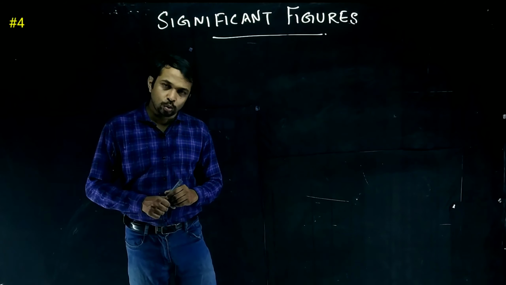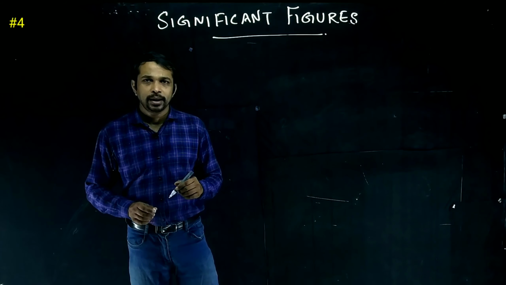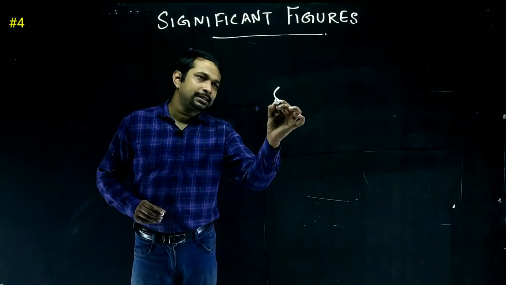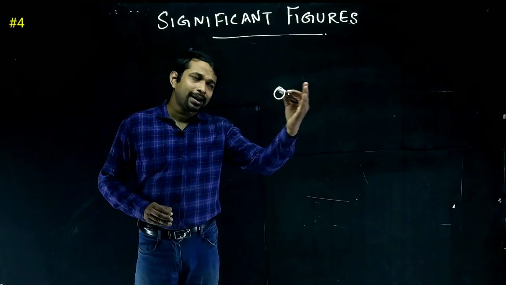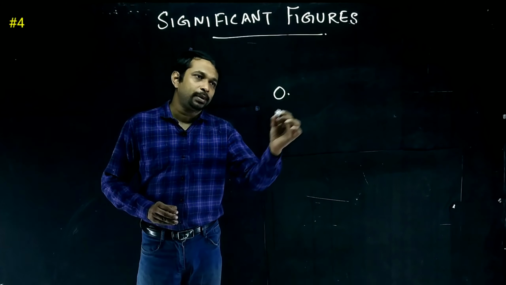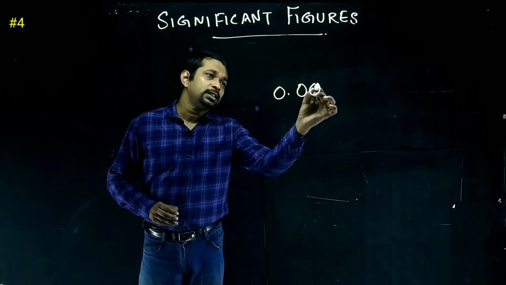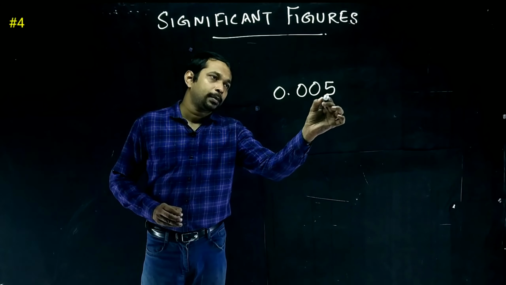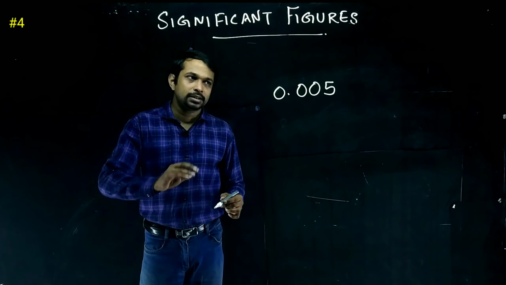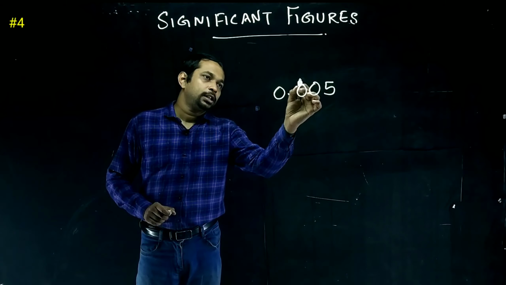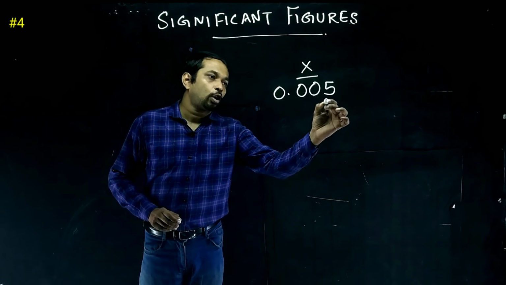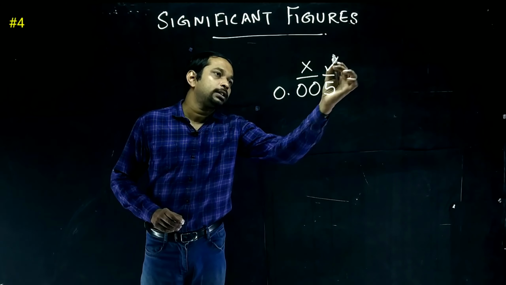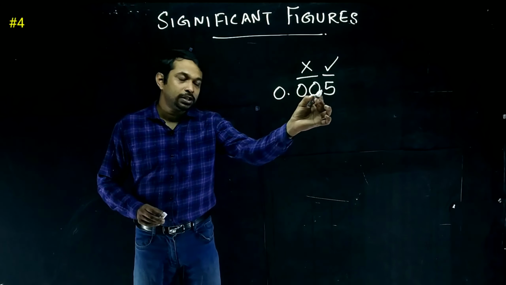Now the fourth rule says that if a number is less than 1, all the zeros to the right side of the decimal place before the first non-zero number are insignificant, which means these two zeros are not significant and we have only one number which is significant, and which is 5.